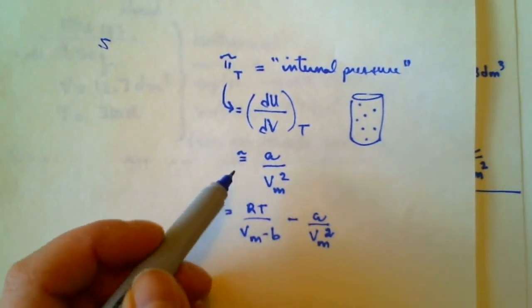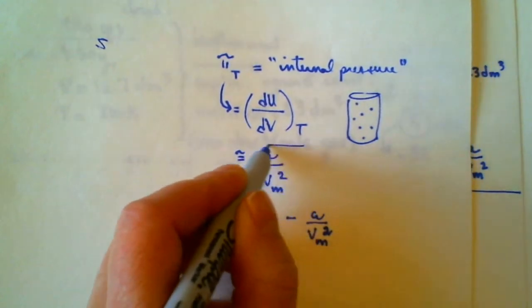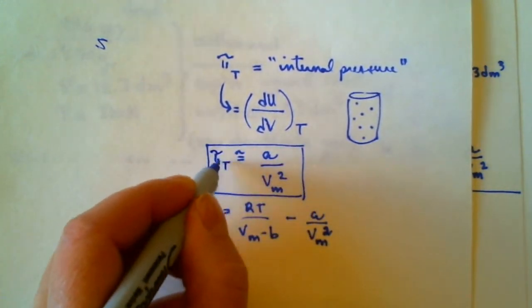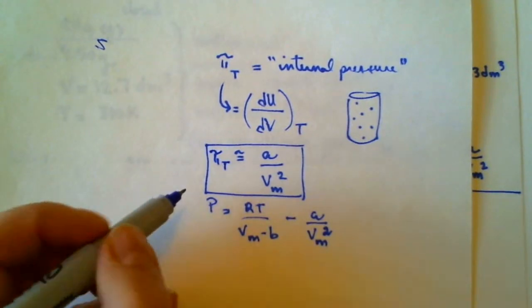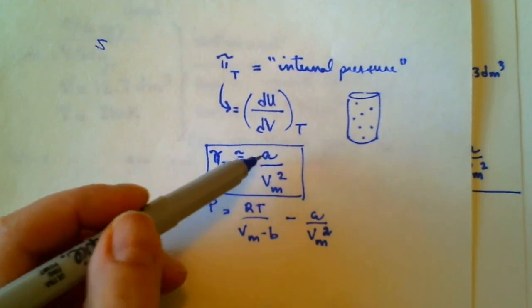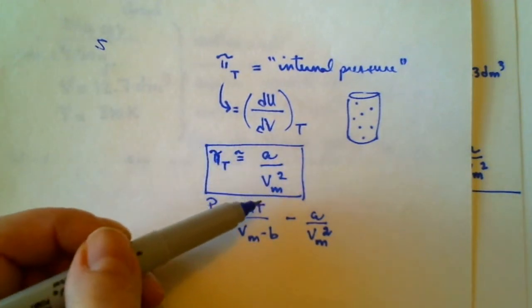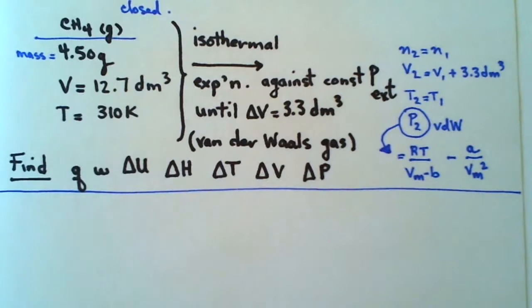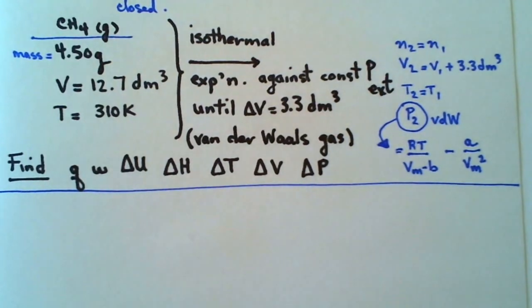So we need to know that this will suffice for your internal pressure value, pi sub T, for a van der Waals gas. When you have a and you have information on the molar volume, then you have enough information to calculate pi sub T. Okay, and that's what we're doing in this question. So back to it then.